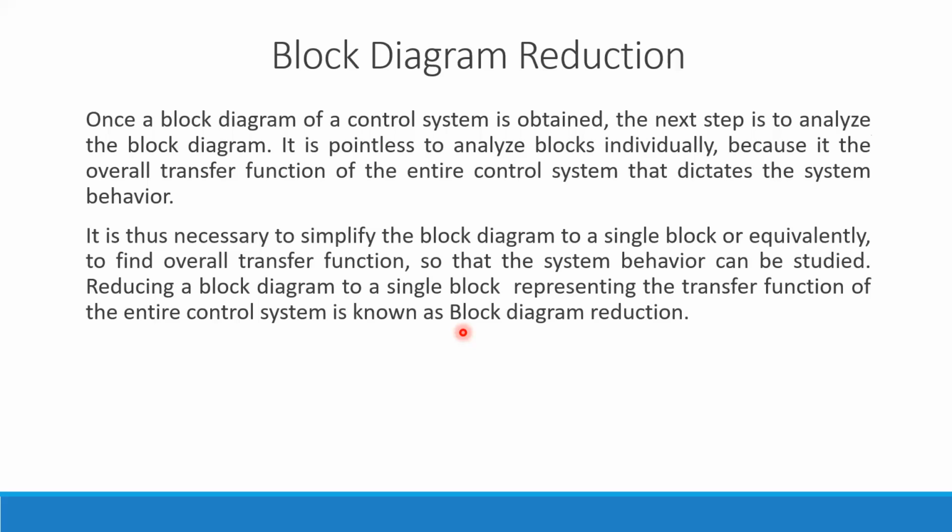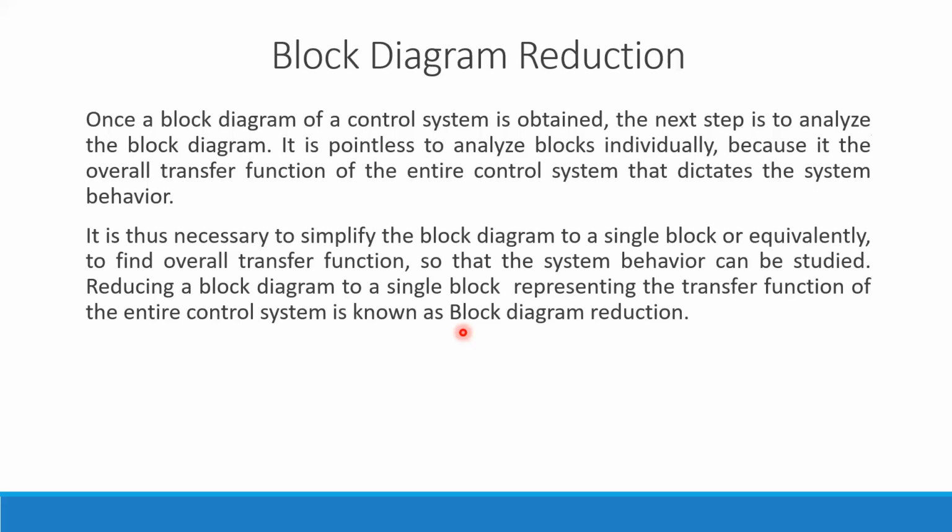In block diagram reduction, a physical system will be given to us, probably directly in block diagram format, or if not, the physical system is to be converted into a block diagram. This block diagram will have a number of blocks in it.